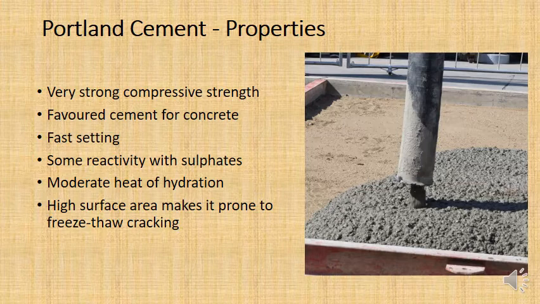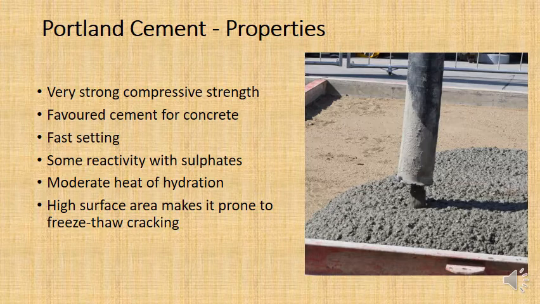Now, if you were building a concrete footpath, let's say, in a place where it's cold, such as Choman, what will happen is when it rains, water will puddle and sit on that concrete footpath, and then it will freeze, and it will thaw, and it will freeze again and thaw. Now, water, when it freezes, it actually expands, it grows in volume, and when it thaws, meaning it melts and goes back to liquid, it gets smaller in volume.